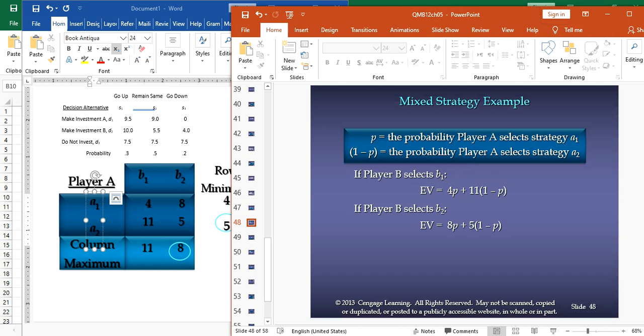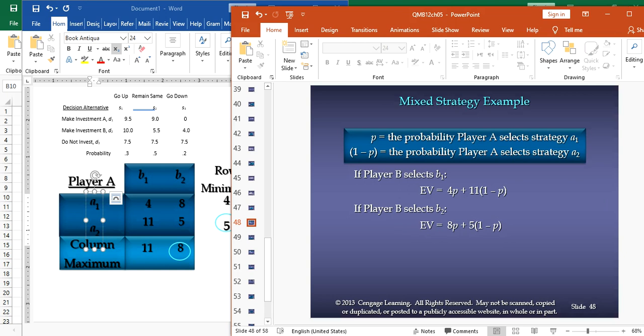expected value will be 4p plus 11 times (1 minus p). If we assign p for this, what remains from this p goes to the other part. If player B selects B2, expected value is 8p plus 5 times (1 minus p).